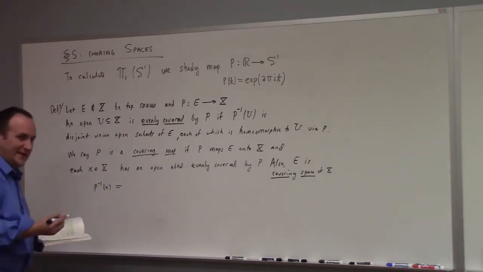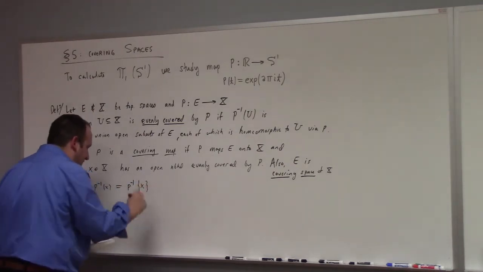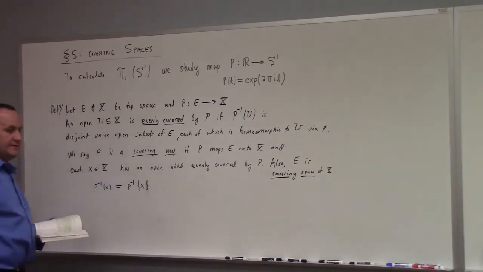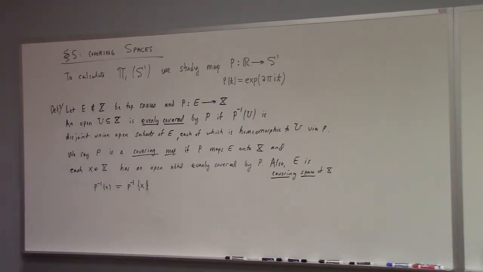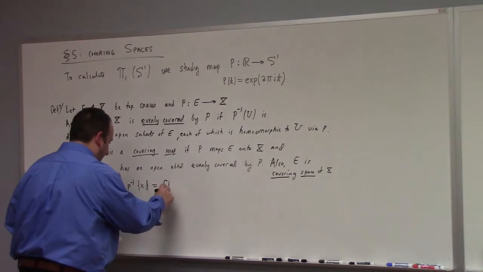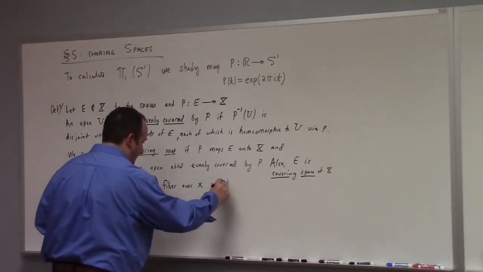Or to be more pedantic, P inverse of the singleton containing x? We had a name for this kind of inverse image. It's called a fiber. This is the fiber over x via P.